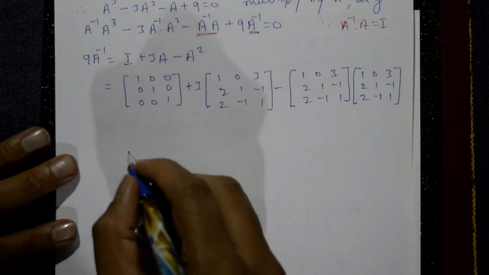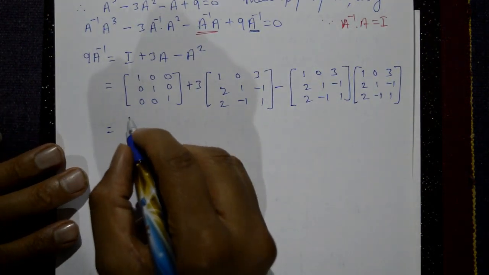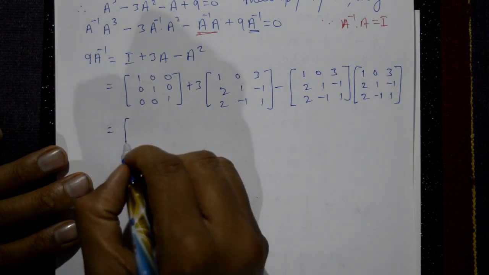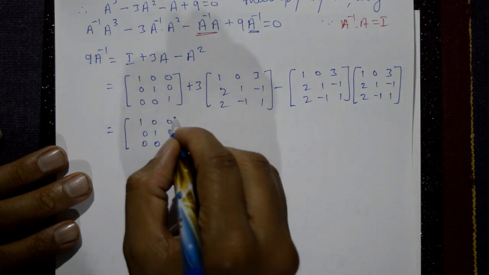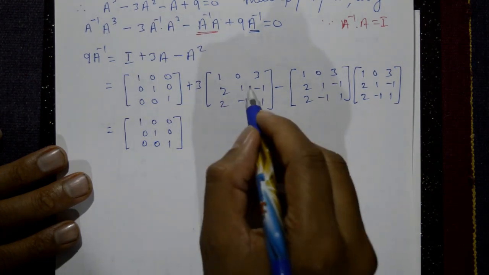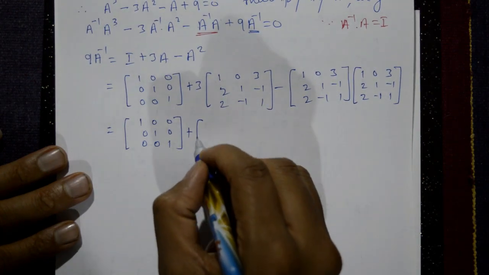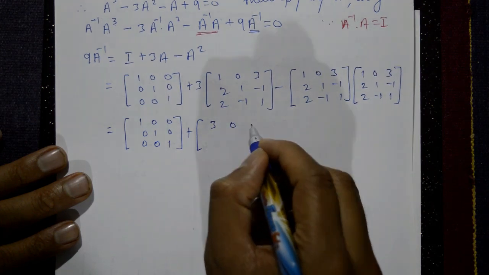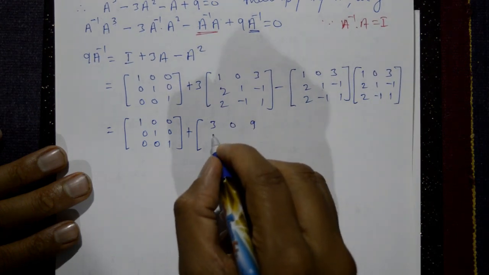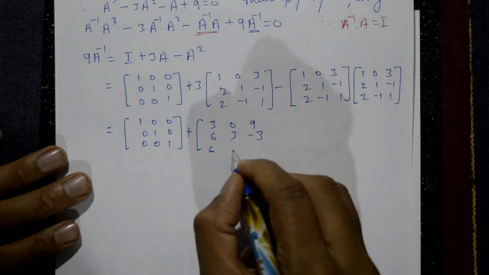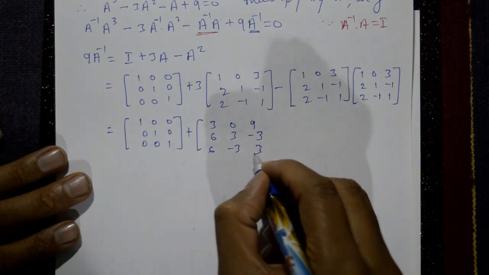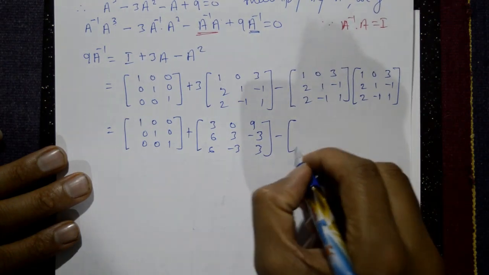Okay, now the unit matrix is as it is. Multiply each element by 3: 3 0 9, 6 3 minus 3, 6 minus 3 3, with the minus sign.